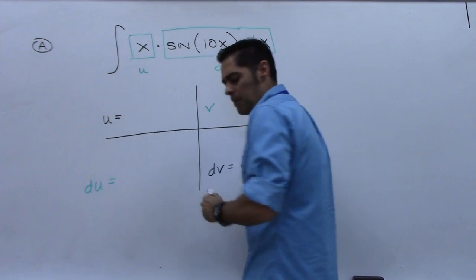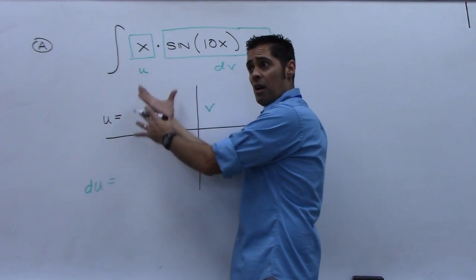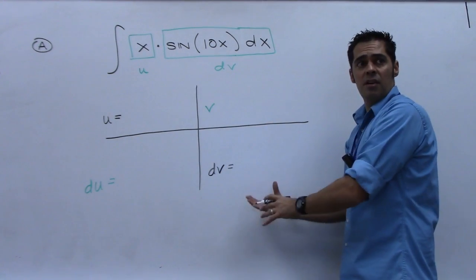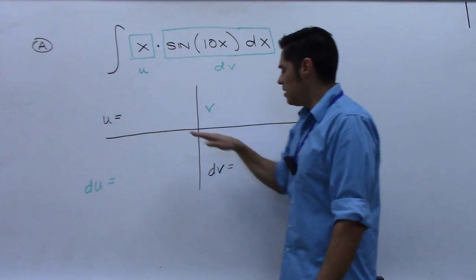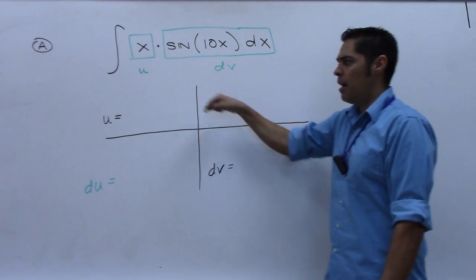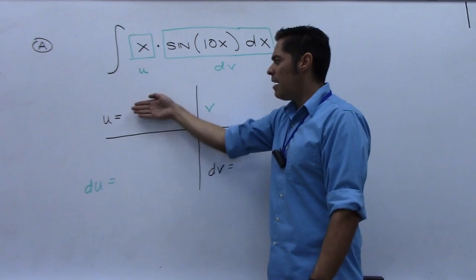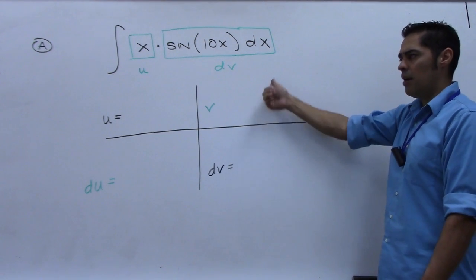So the way I want you to think about this table is that this column is for my u stuff. This column is for my v stuff. I am going to plug u in directly from the integral. I'm going to plug dv in from the integral. When I go up in a table, I integrate. When I go down, I differentiate. So once I have u to get to du, I differentiate. When I have dv to get to v, I integrate, go up.